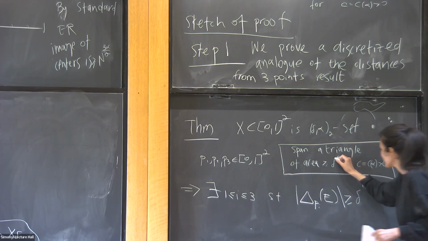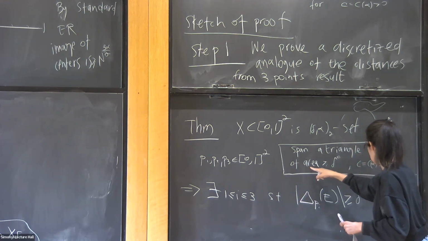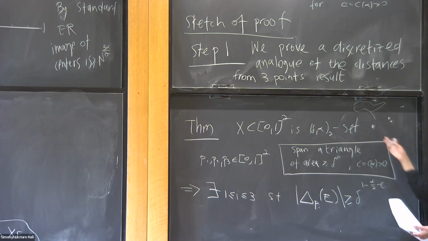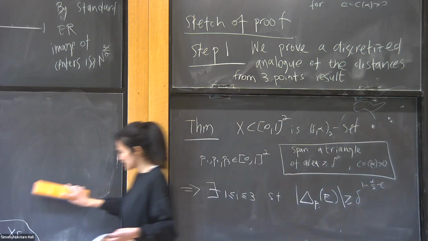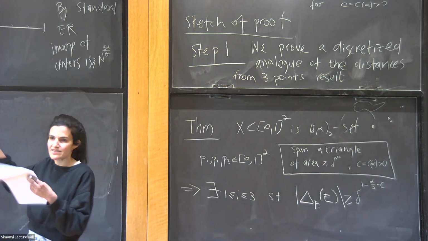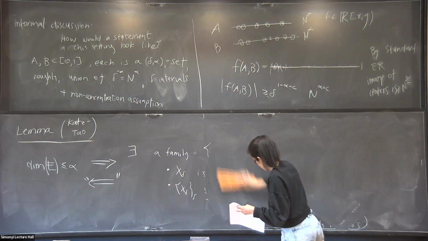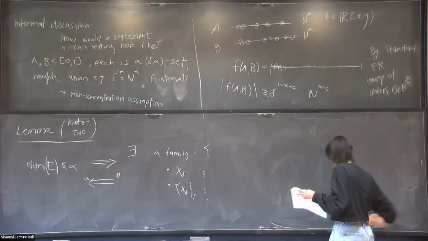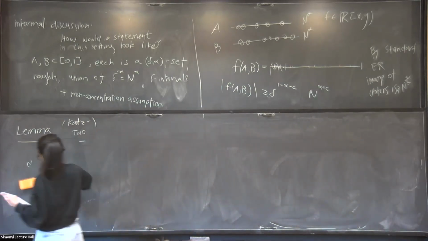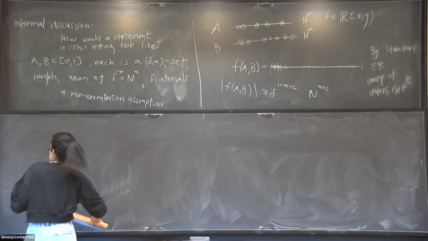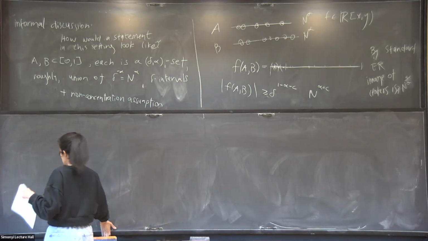So if this has sufficiently large area, then we can have the conclusion. Okay. So now, as Tami said, we already see all the connections. The second step is here just to show you how to use the lemma of Katz-Tao and go from a discretized statement to a Hausdorff dimension one.